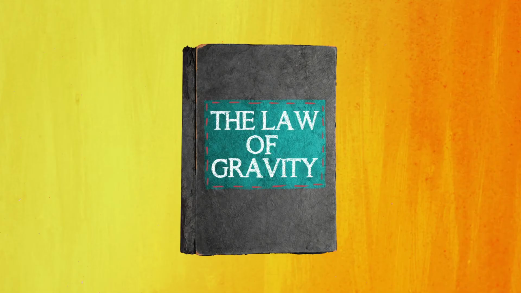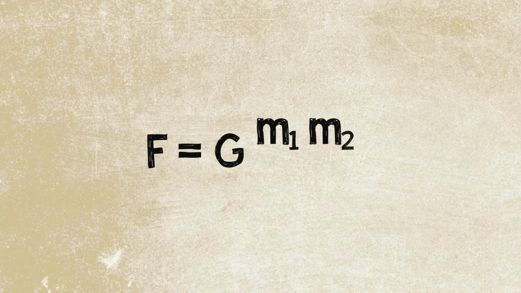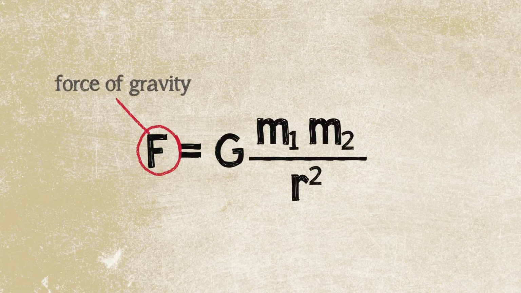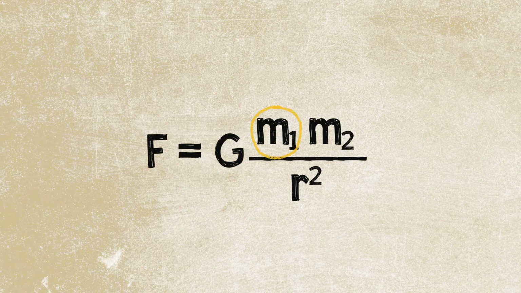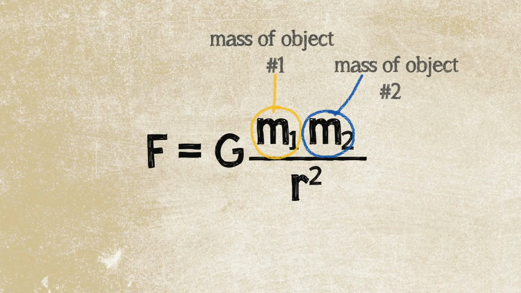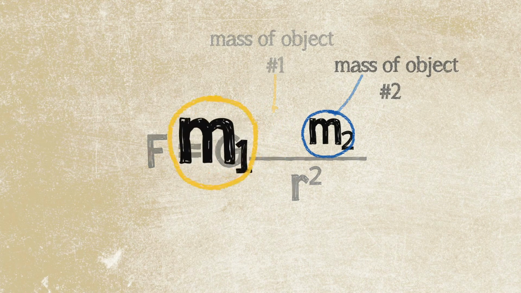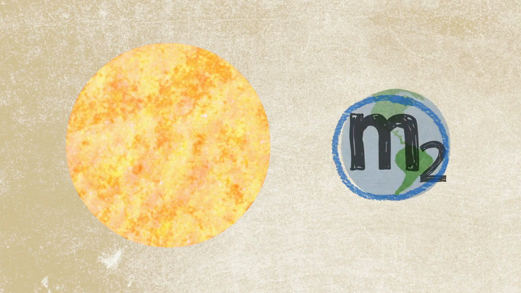So let's look back at that law of gravity, the equation, F equals G times M1, M2 divided by R squared. You see, the force of gravity is equal to a number, that universal gravitational constant, G, times the mass of object 1 times the mass of object 2. Think of M1 being the mass of the sun and M2 being the mass of the Earth.